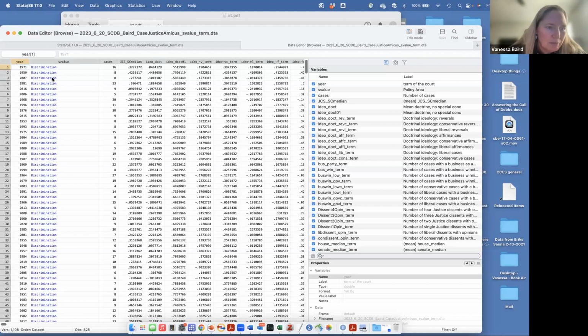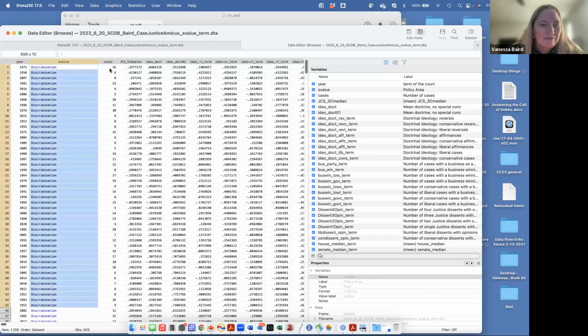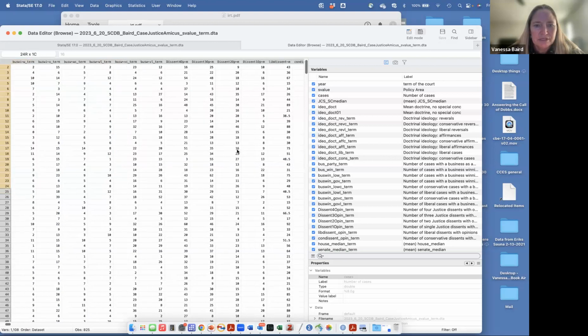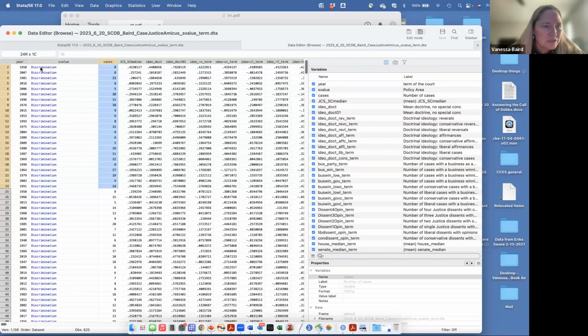And so you could sort by year, but right now things are sorted by, these are all discrimination cases. And so you could have a number of cases in discrimination. And then you have all of these variables that are associated with discrimination in 1950.